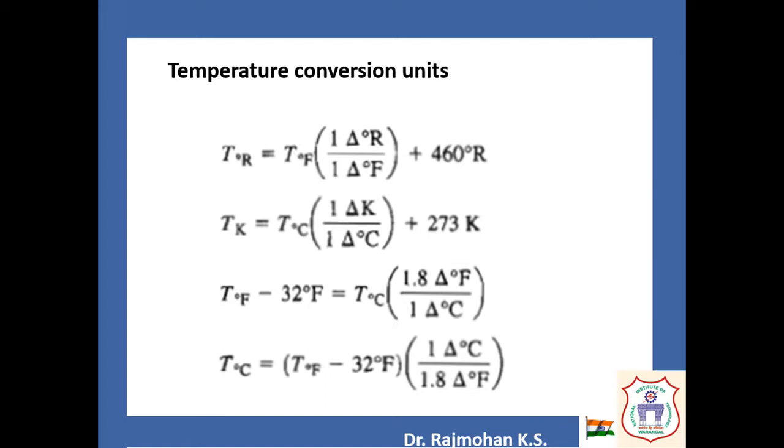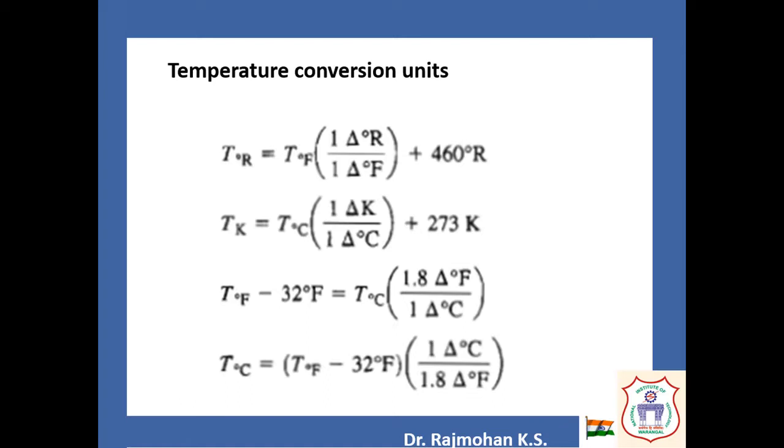Similarly, to convert from degree Celsius to Kelvin, T Kelvin is equal to T degree Celsius into 1 delta K by 1 delta C plus 273 Kelvin. And the relationship between T degree Fahrenheit and degree Celsius is T degree Fahrenheit is equal to T degree Celsius into 1.8 delta F by 1 delta C plus 32 degree Fahrenheit. Similarly, to convert from degree Fahrenheit to degree Celsius, T degree Celsius is equal to T degree Fahrenheit minus 32 into 1 delta C by 1.8 delta F.